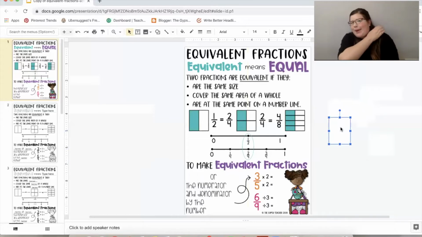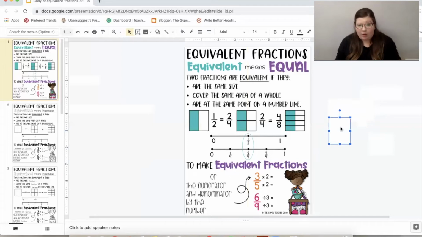Give yourself a pat on the back. So we know that 1/2 equals 2/4 because they are at the same point on a number line. Very good. So you can go ahead and circle those two as well, because that just tells us that they are on the same point.